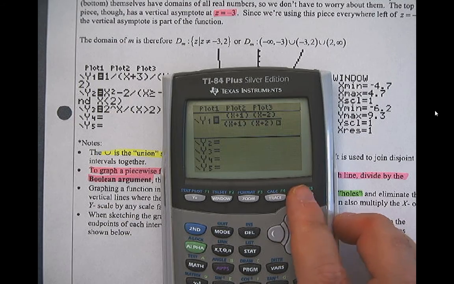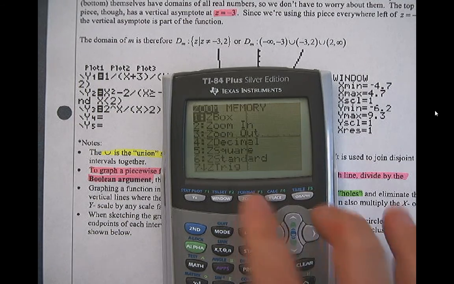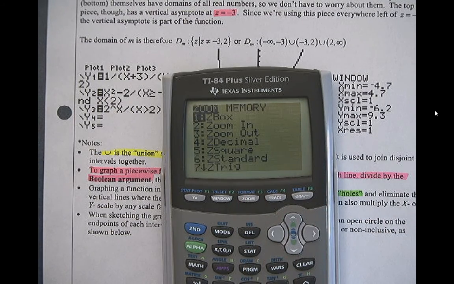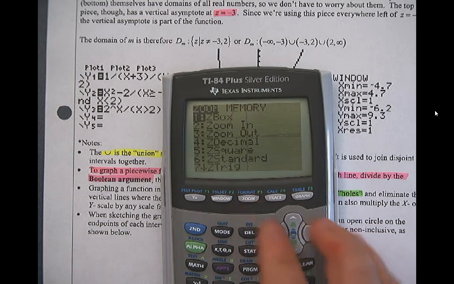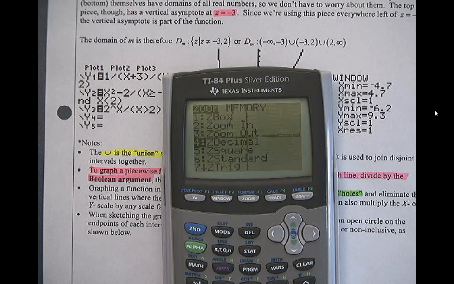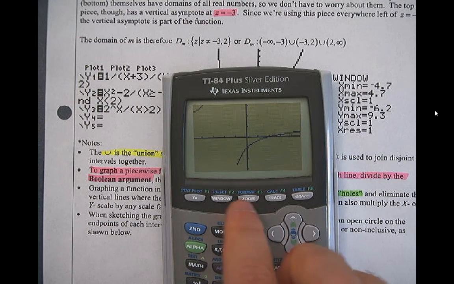If I just hit graph, or if I do what we normally do, which is zoom and then hit 6, go down to zoom standard, the standard window, there's our picture. All right, not too bad. But if I do this one, zoom and then decimal, when I hit enter, where was our hole? This is actually kind of a crummy window for it.